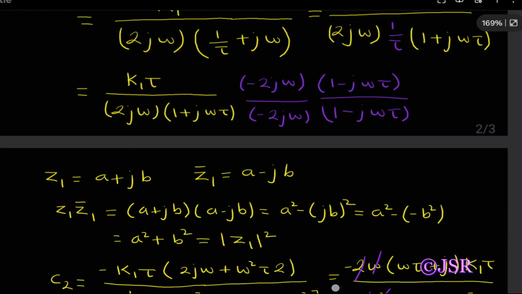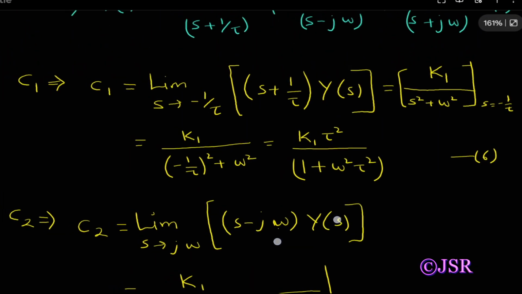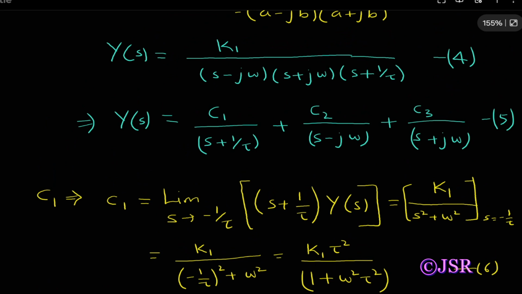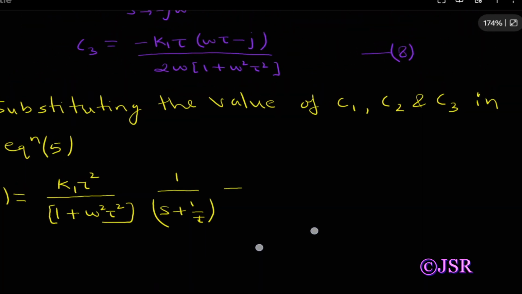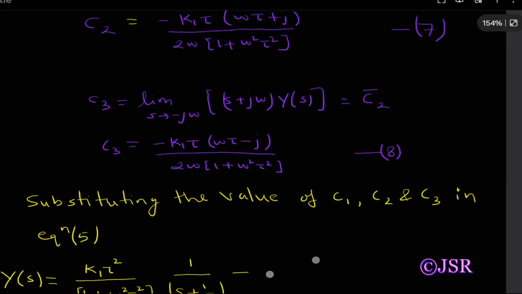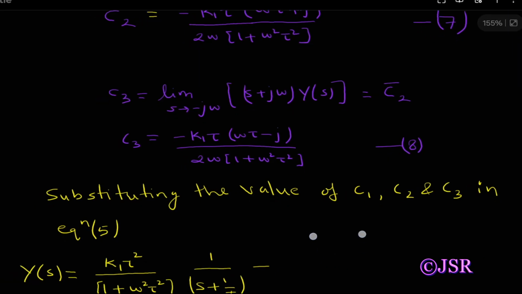From equation number 5 we can see the second term is C2 upon s minus j omega, and the third term is C3 upon s plus j omega.